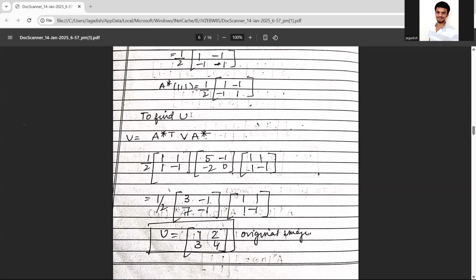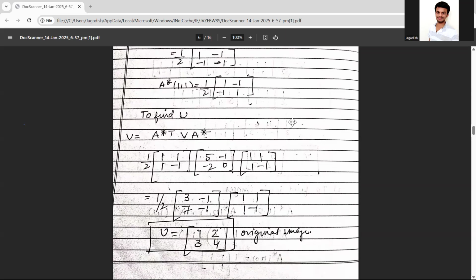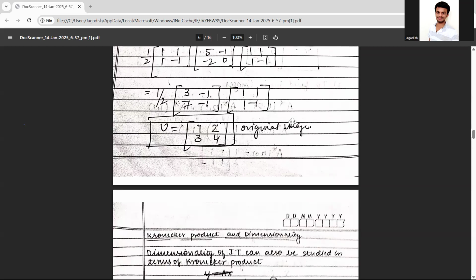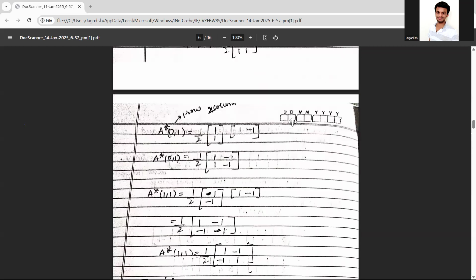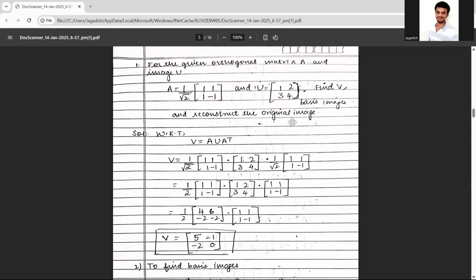Darshan, respond. If you don't know, we can teach it. There is nothing wrong. Darshan, Shreyas, did everyone understand this problem? Anyone having doubt?